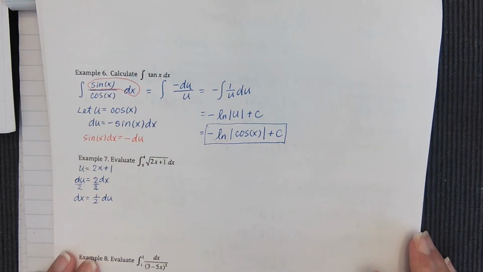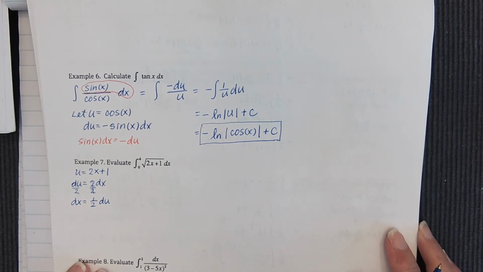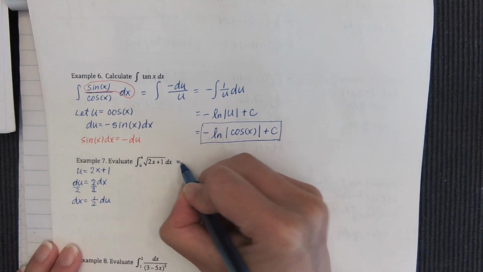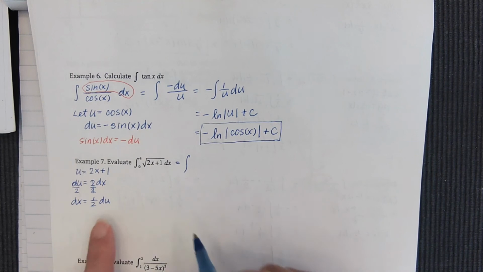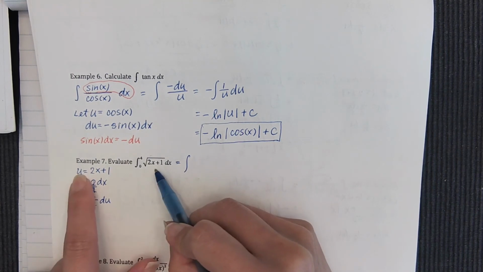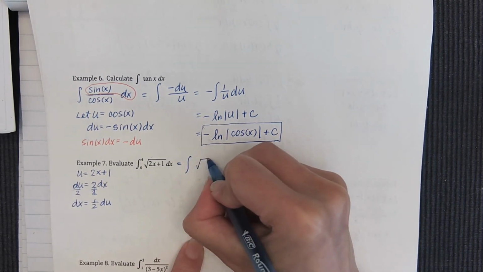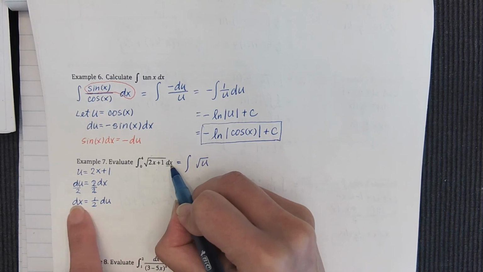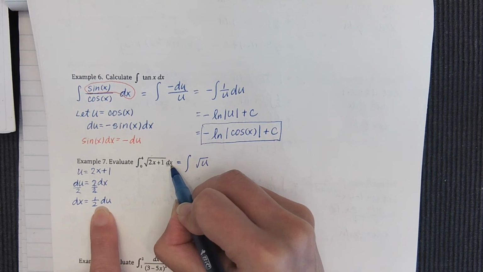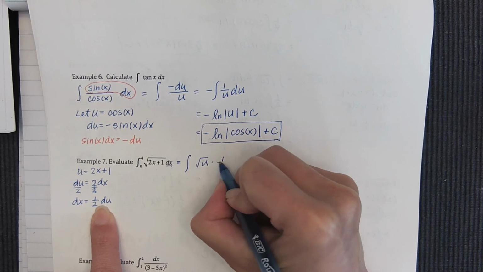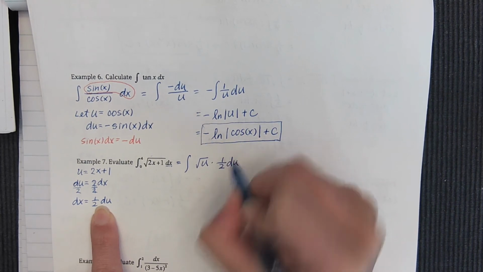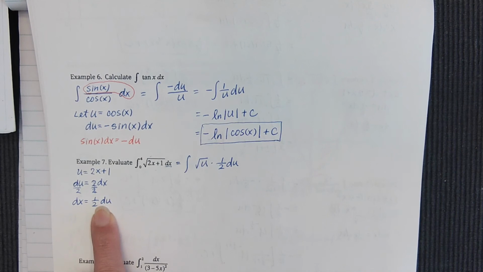You guys got it so far? Okay. Now I need to change this. The inside is just u, square root of u, and the dx is 1 over 2 du. Everything is great.